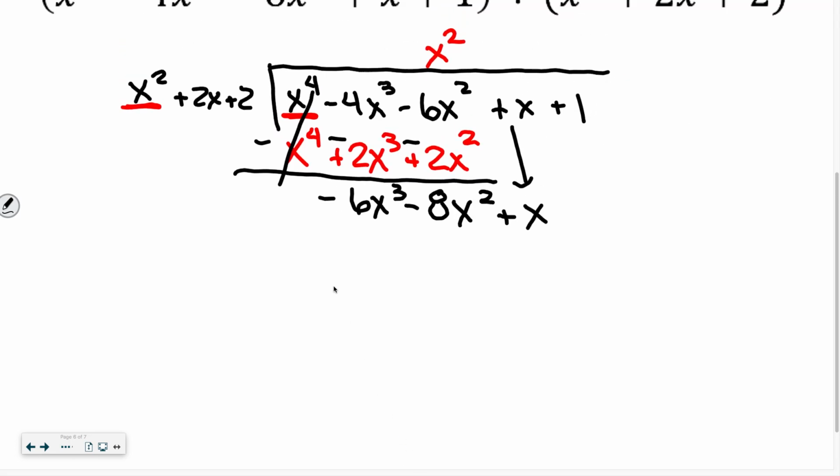So now you just restart, right? First terms are the only thing you can worry about. Negative 6x cubed divided by x squared. Negative 6x.